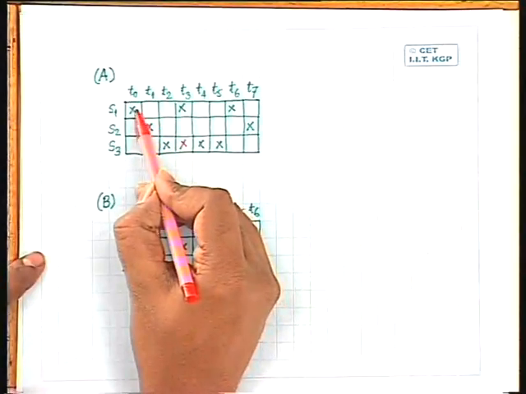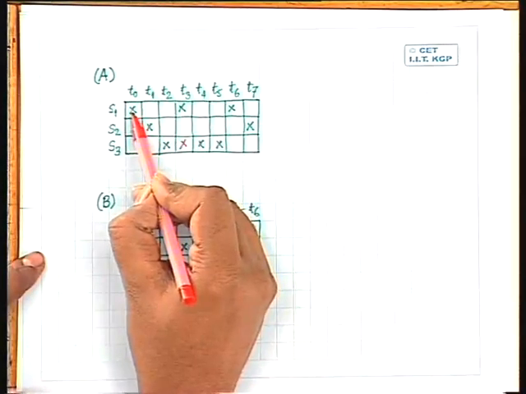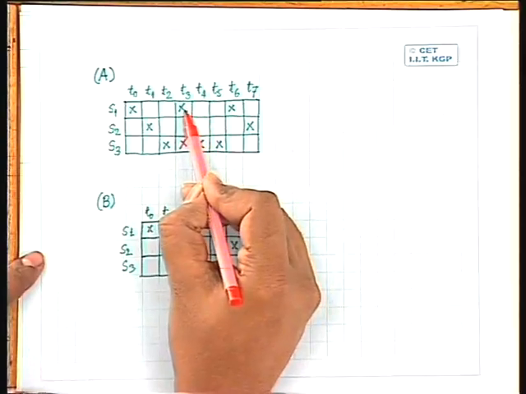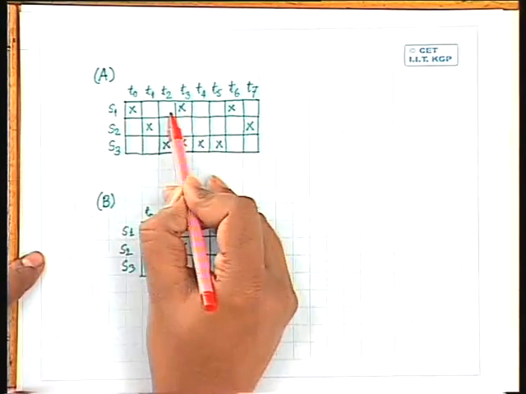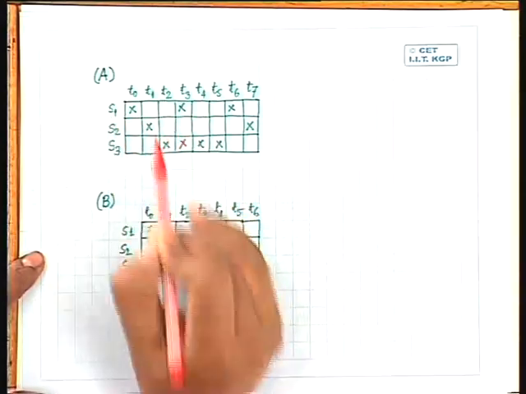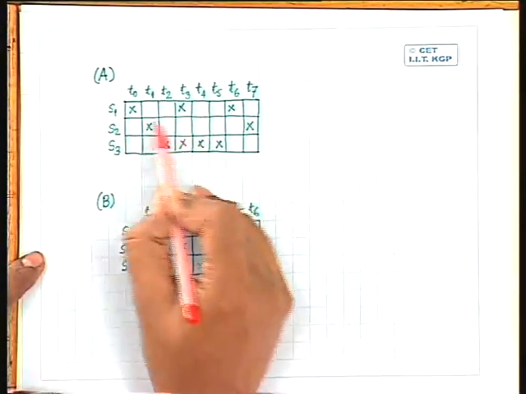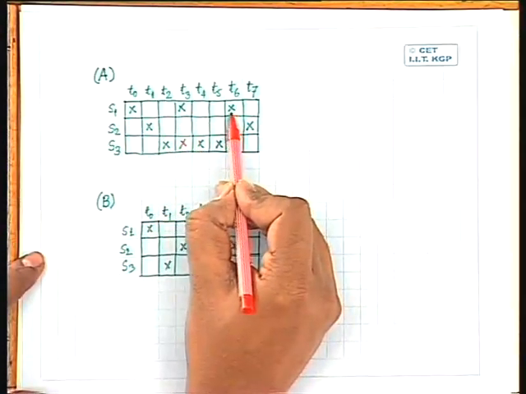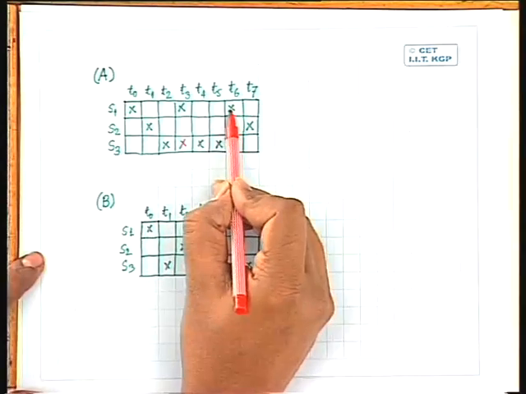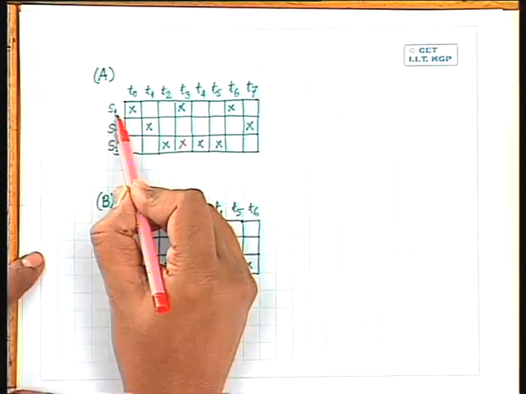One thing I have said is that here, if I initiate a task at T0, I cannot initiate the next task at time instant T3, because then there will be a clash for this processing stage S1. Neither can I initiate a task at time instant T6, because then also there will be a clash on S1.